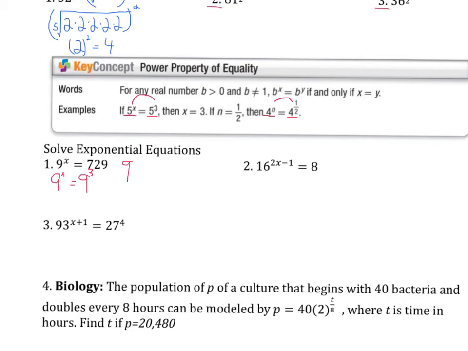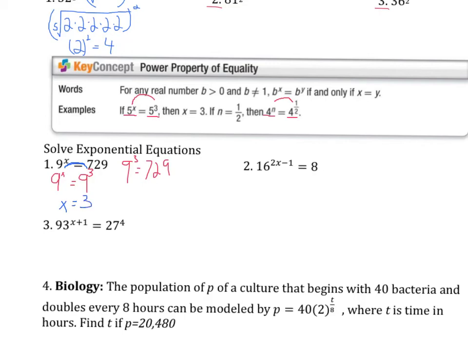So if I did 9 cubed, that's going to give us 729. I'm not changing the equation at all, I'm just rewriting it. So now we have 9 to what power equals 9 to the third? In order for these to be equal, which they are, x is going to have to be 3.